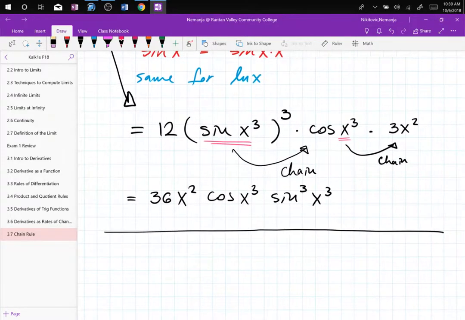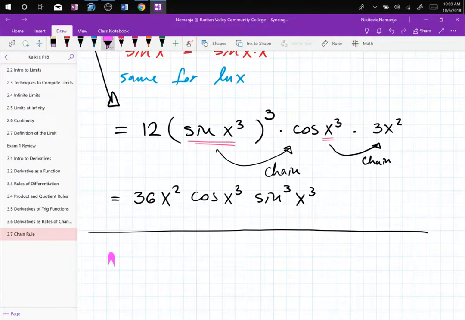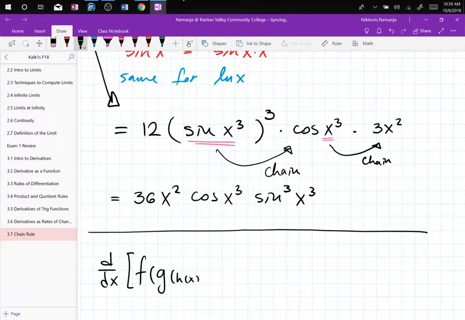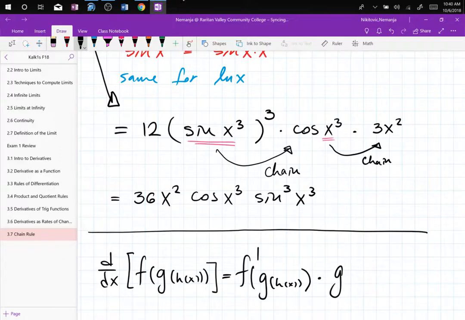So we used the derivative of f of g of h of x as f prime of g of h times g prime of h times h prime.